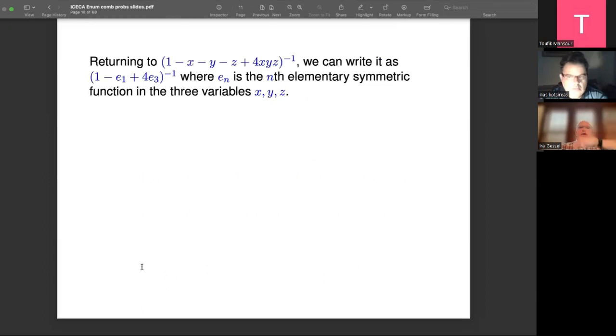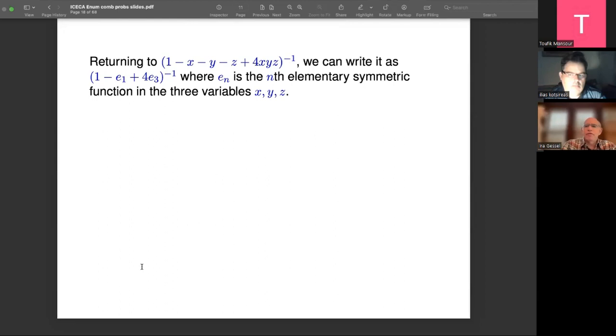So looking at something a little different, returning to this generating function 1 over 1 minus x minus y minus z plus 4xyz, we can write it as 1 over 1 minus e1 plus 4e3, where en is the nth elementary symmetric function, and this is in the three variables x, y, and z.